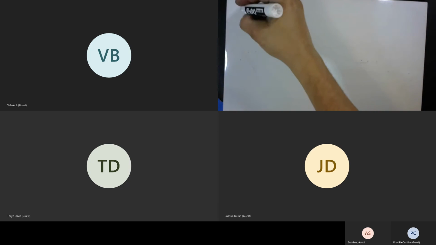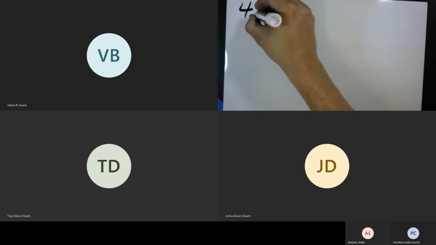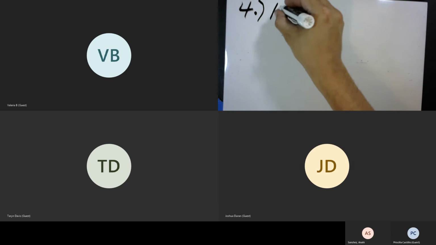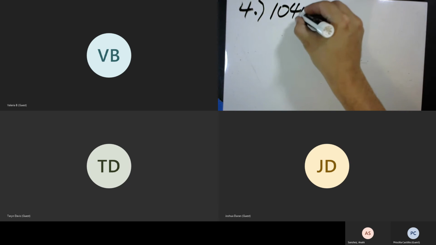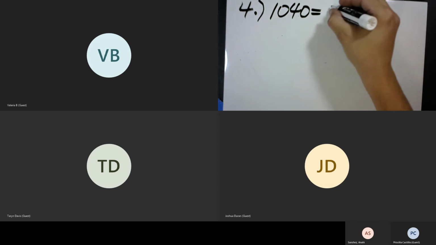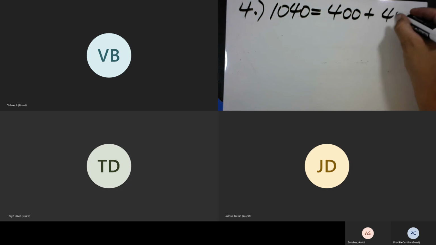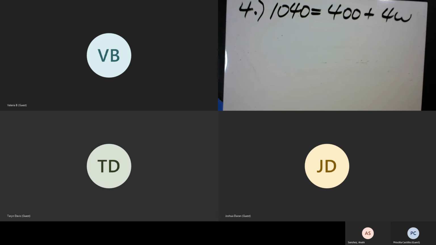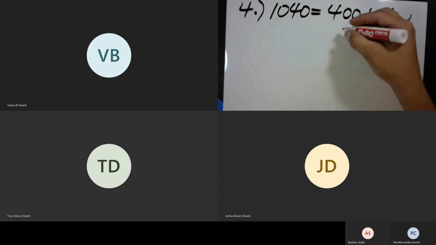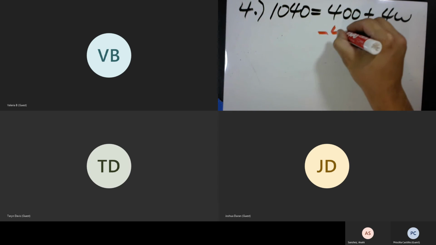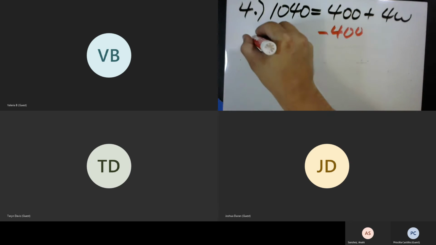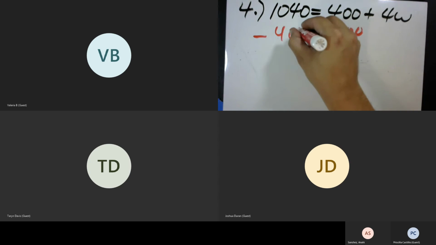So finally, in step 4, to solve this equation, we're going to get W by itself. So I'll subtract 400 from both sides.